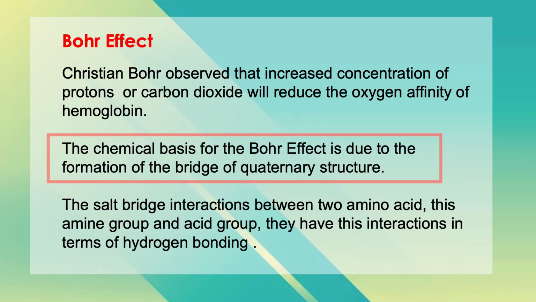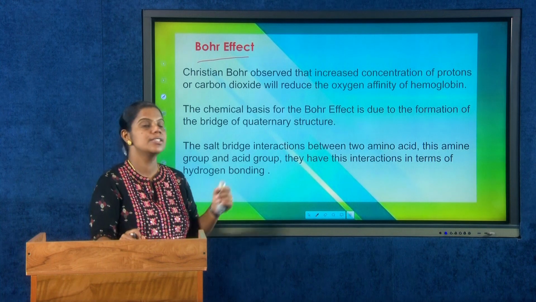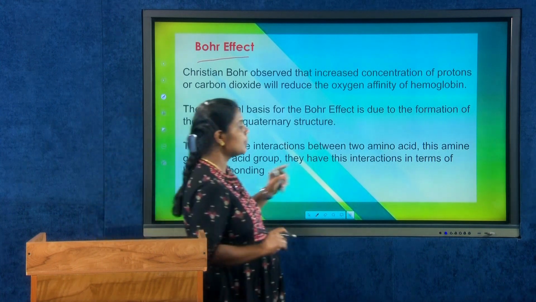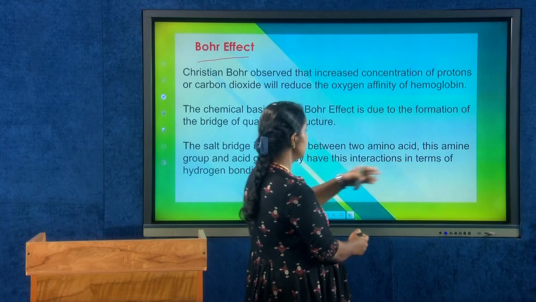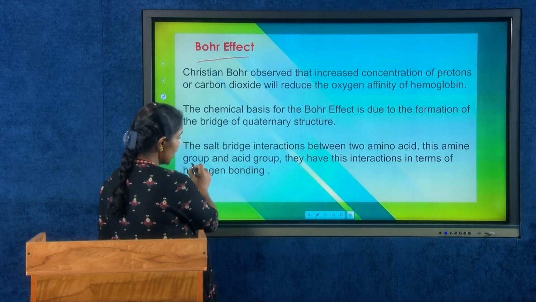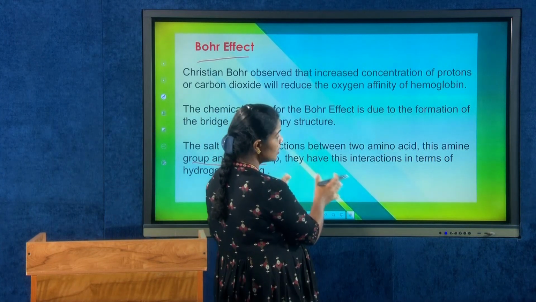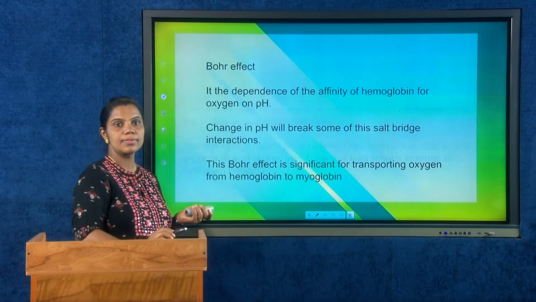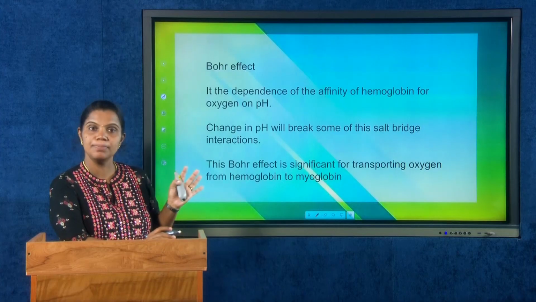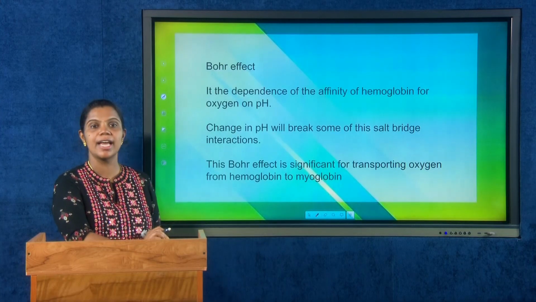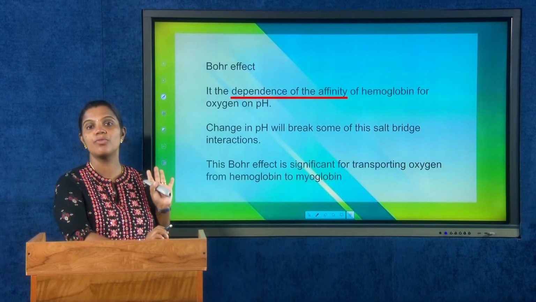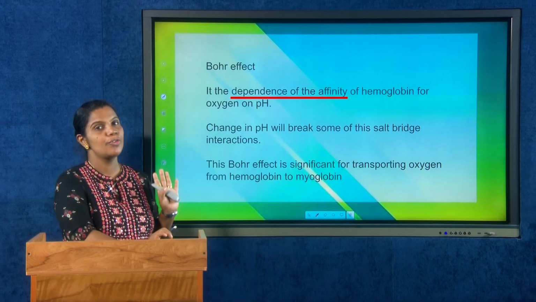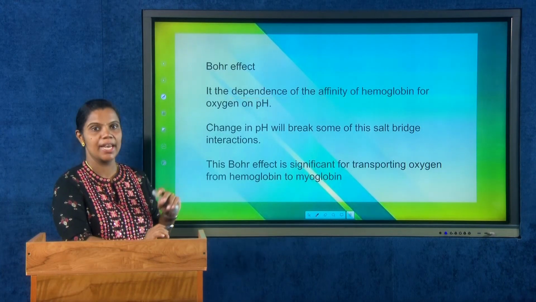The chemical basis for the Bohr effect is due to the formation of salt bridges in the quaternary structure. The salt bridge interactions between the two amino acids, the amine group and the acid group, have these interactions in terms of hydrogen bonding. So, what is the Bohr effect? Simply we can say that it is the dependence of the affinity of hemoglobin for oxygen on pH.